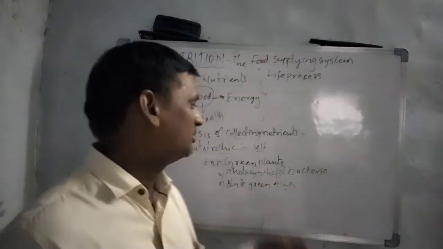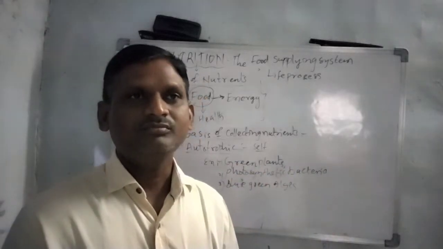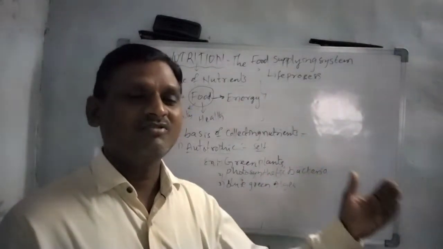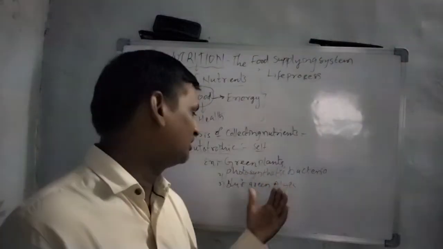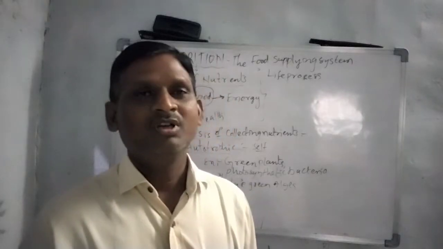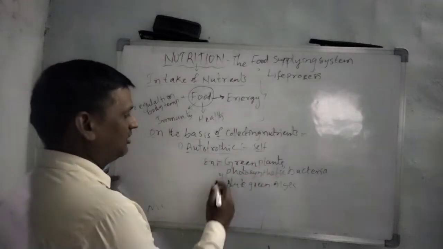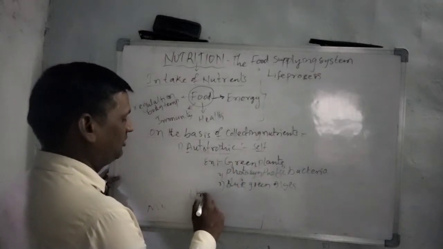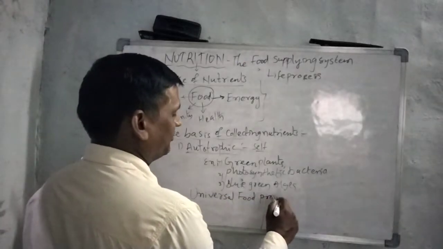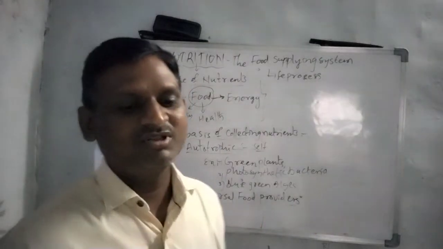So in autotrophic nutrition, the solar energy is converted into chemical energy. The green plants can prepare the food by themselves. Sunlight energy is converted into chemical energy, whereas photosynthetic bacteria and blue green algae are some other examples of autotrophs. These living organisms are considered universal food providers.